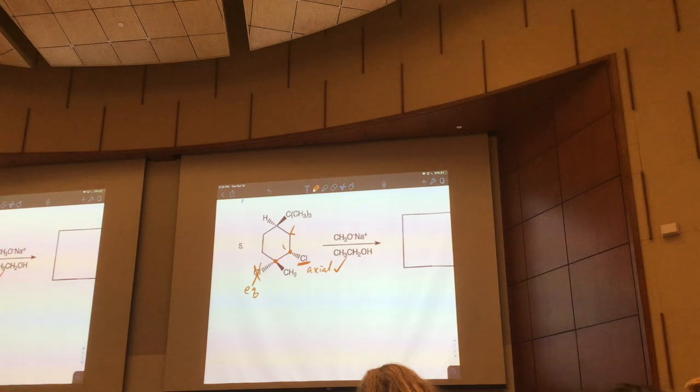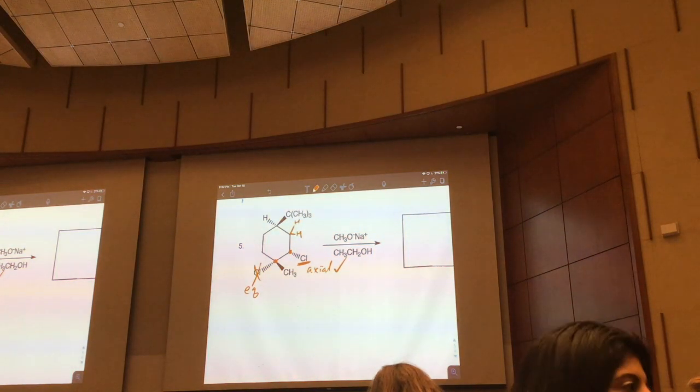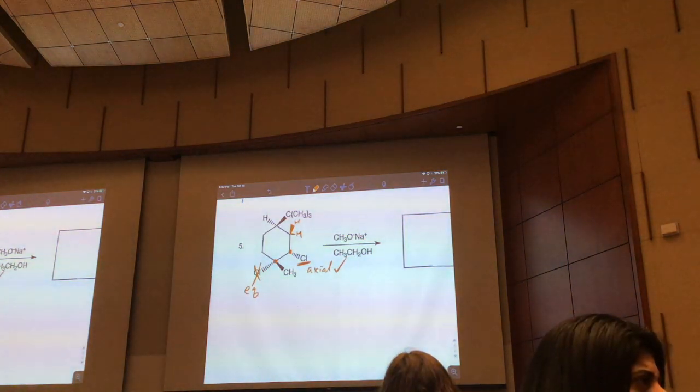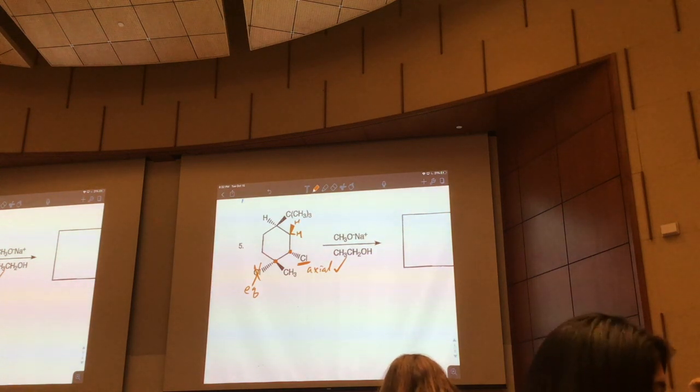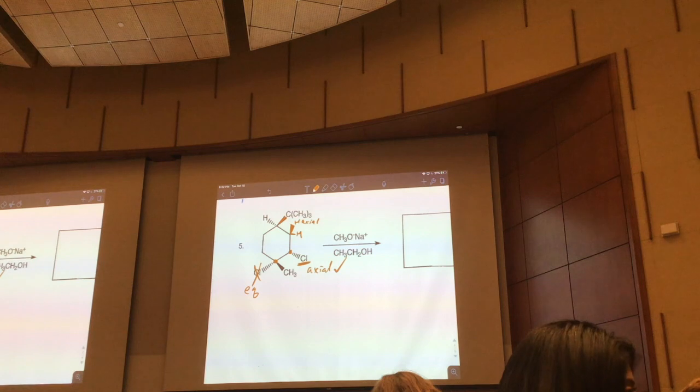Now let's look one carbon this way, to the right, or counterclockwise, if you will. Two hydrogens on there. One is going to be up, one is going to be down, one is going to be axial, one's going to be equatorial. Let's pick this one up, the up hydrogen, the one that's trans. Is that going to be axial or equatorial? It's axial, because remember, the thing that's up next door was equatorial.